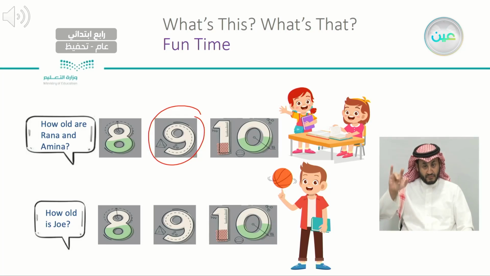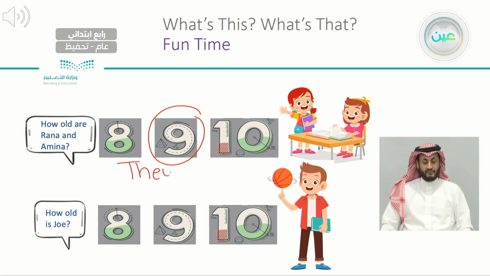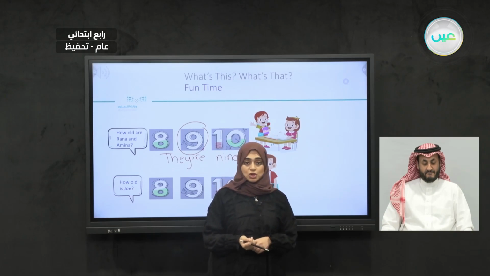Excellent. They are 9, or they're 9. Apostrophe R-E, and then N-I-N-E, full stop. Now we're looking at this boy, and his name is Joe.